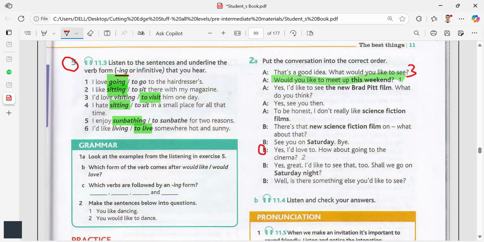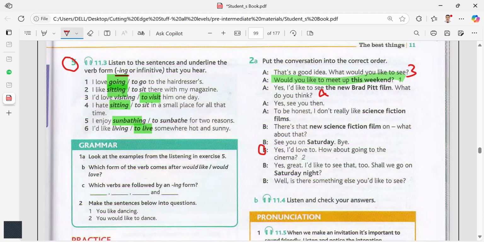Yes. Okay. Well, is there something else? No. Yes, I'd like to see the new Brad Pitt film. What do you think? So this is 4, right? Next.